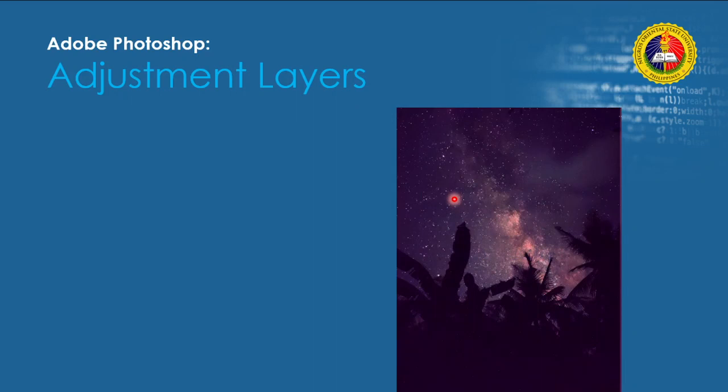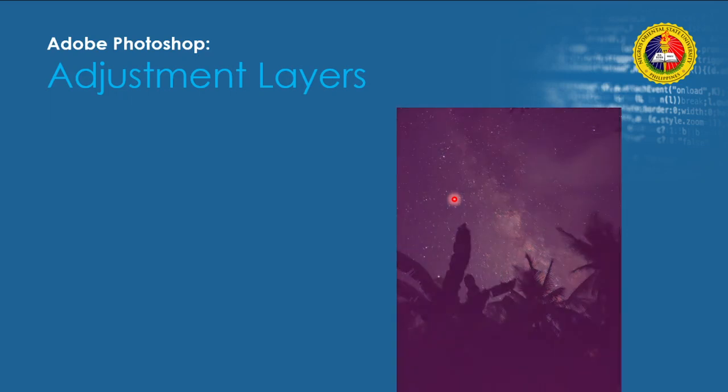Okay, and then if you decided that it's not suitable or you want to change the brightness or any other adjustments you added, you can just remove it or change it back to the way before.